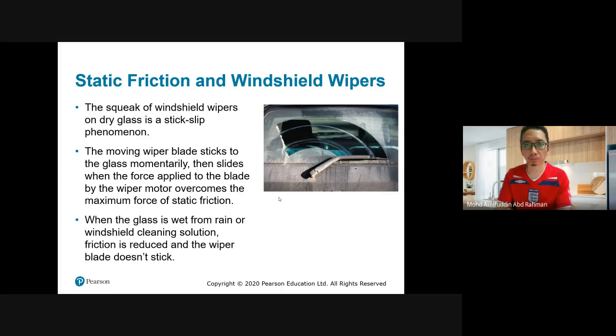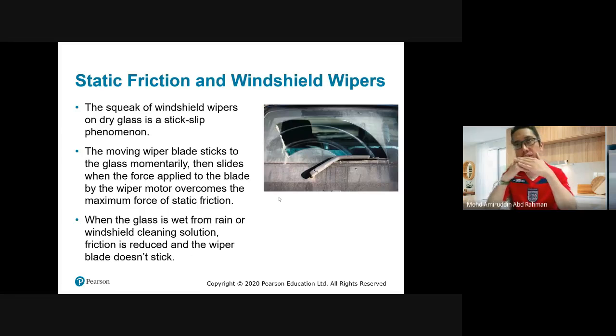Now we look at the phenomenon of static friction and the windshield wipers. Let's say we have winter conditions, so the squeak of the windshield wiper on dry glass is a stick-slip phenomenon.